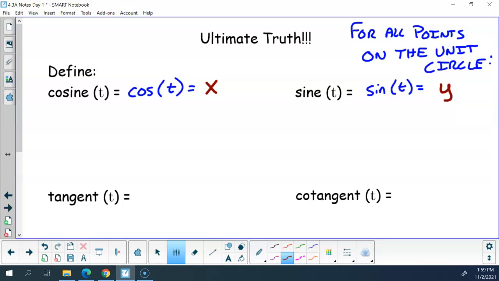The tangent of my angle is going to be the sine of my angle divided by the cosine of my angle, which then is y over x.